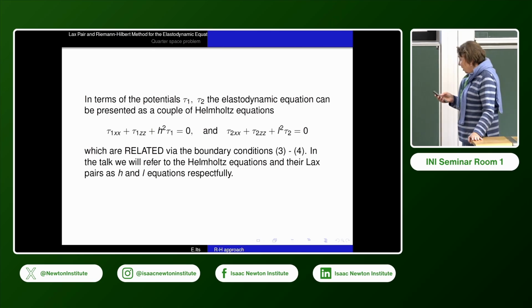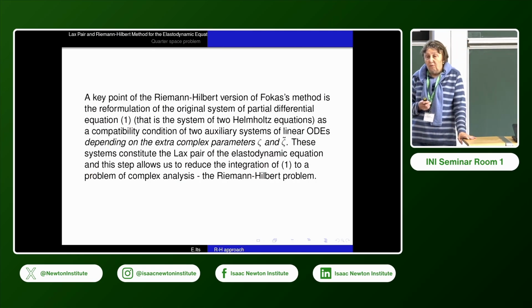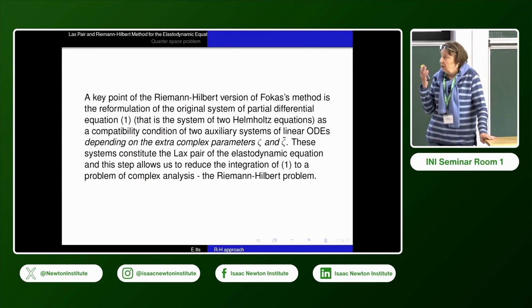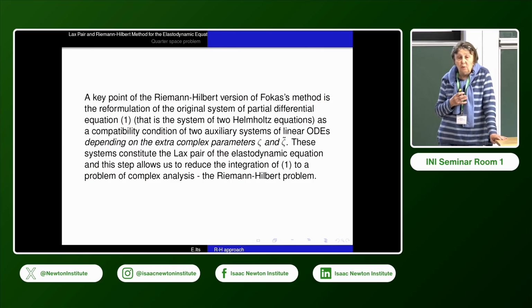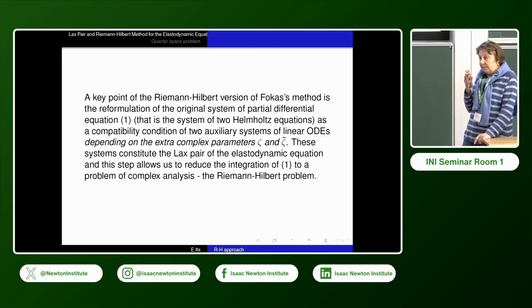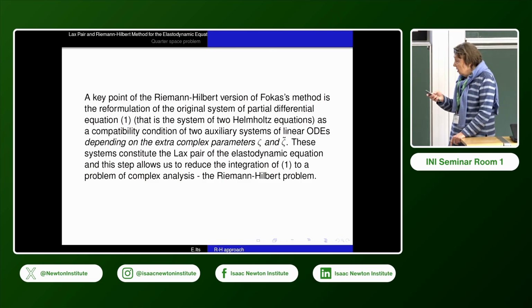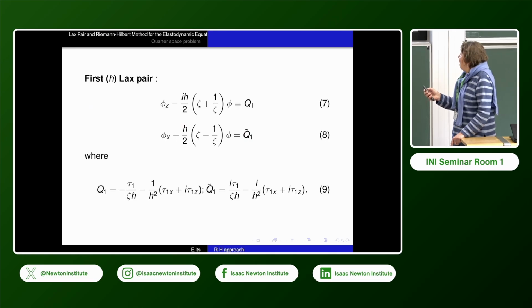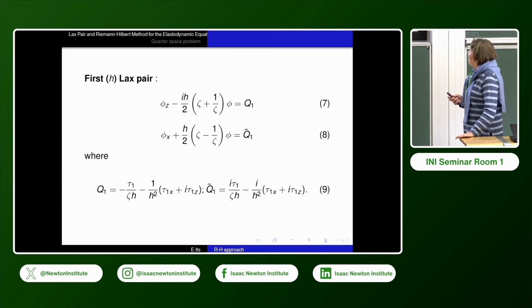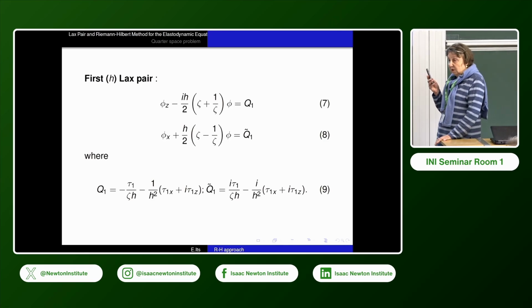So the idea is, instead of solving the initial Helmholtz equations, we switch to an auxiliary linear system for the auxiliary function and the auxiliary parameter G, and solve this system.